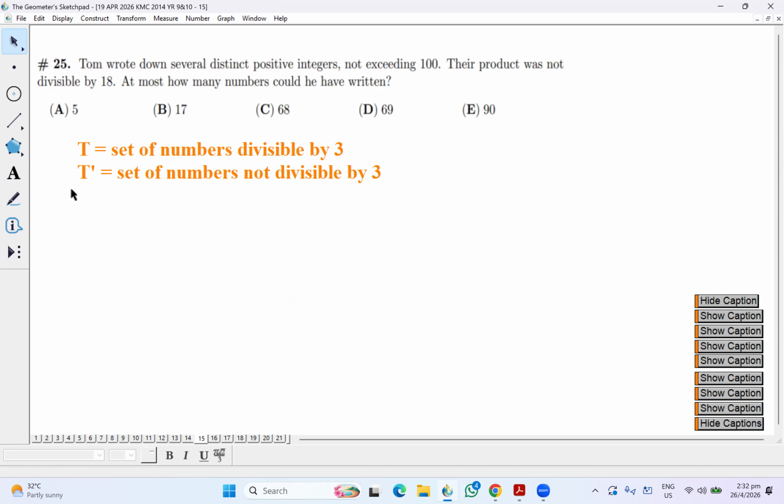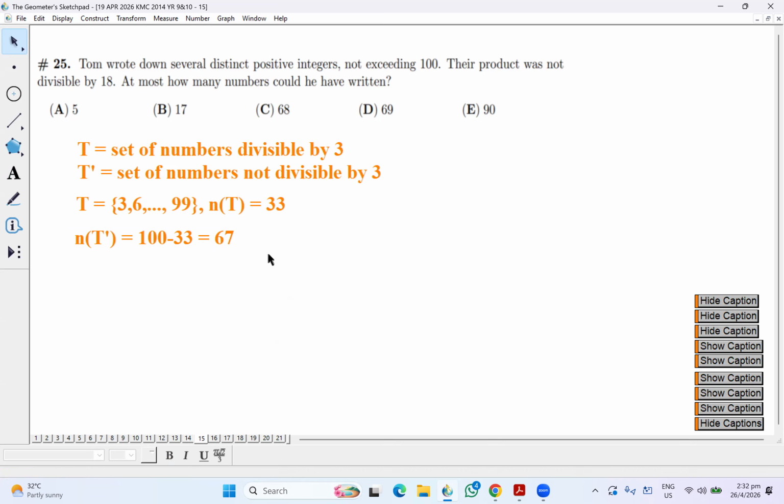So we count those divisible by 3: 3, 6, and so on until 99. So 33 numbers divisible by 3, not exceeding 100. If we subtract all those divisible by 3, you get the numbers not divisible by 3.